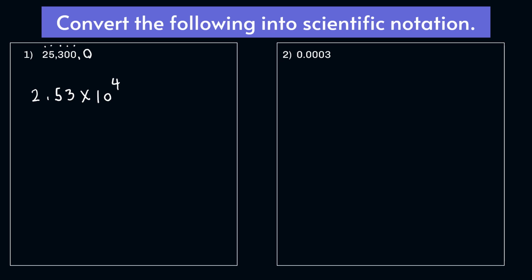Your second example here is 0.0003. So this is going to follow the rules for less than 1 for scientific notation. That means I'm going to count to the first non-zero numeral. That is going to be my exponent, and the exponent will be negative.